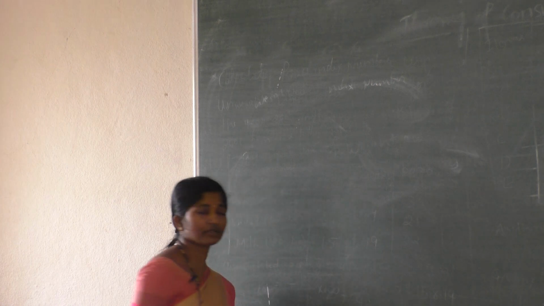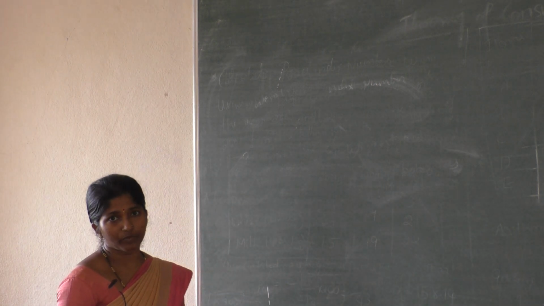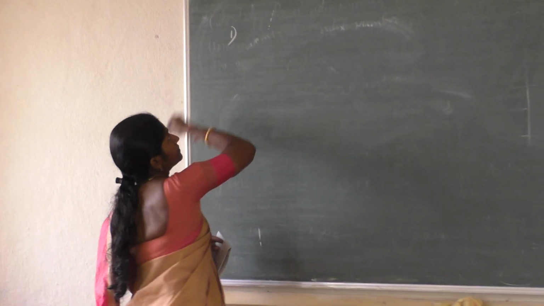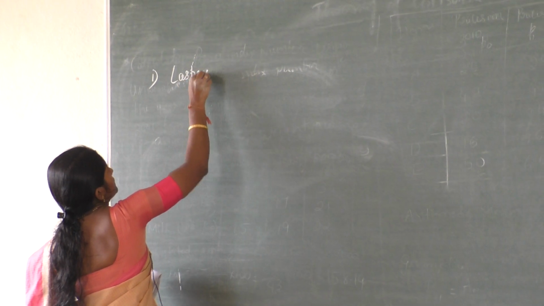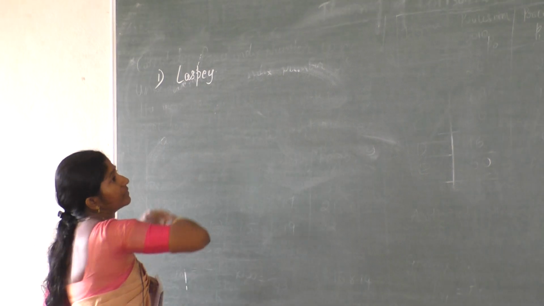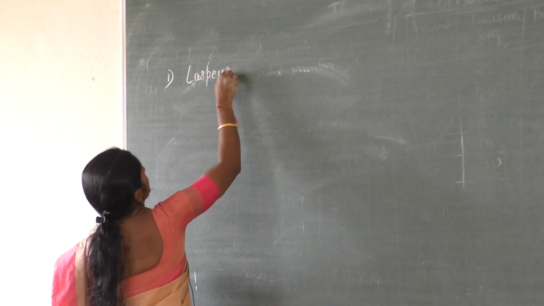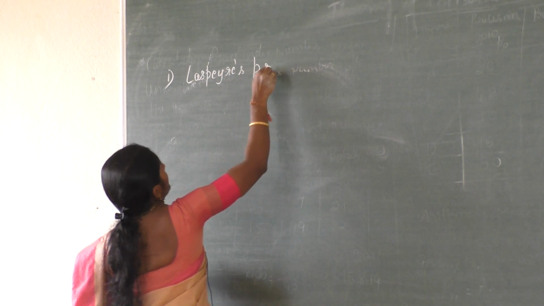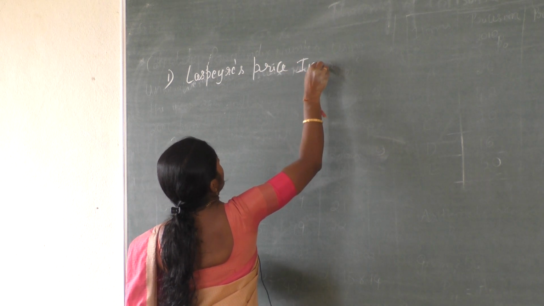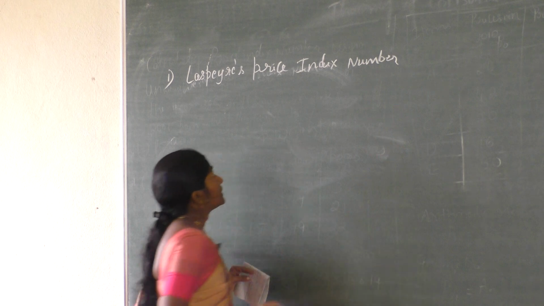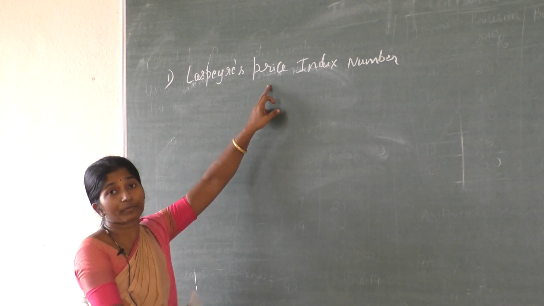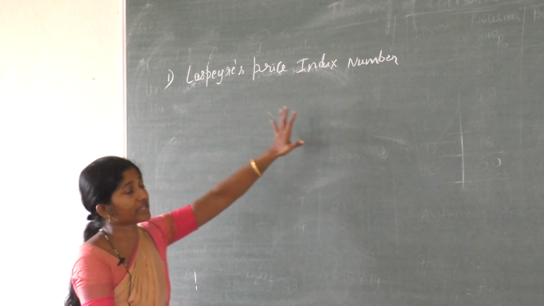We will start the weighted index number. See the first one. The first one is Laspeyres. Sometimes they are not giving price, just Laspeyres index number.